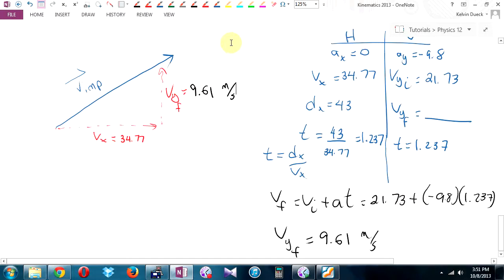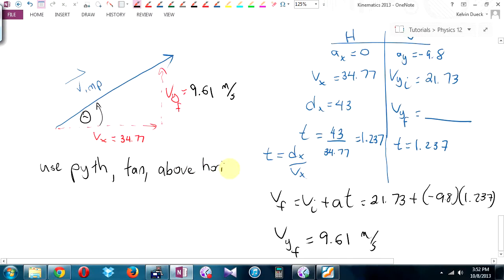Now, Ryan, can you tell me how I can find the magnitude of the impact velocity if I know that and that? You're not saying math 8 Pythagoras again, are you? Yes. And then it would be tangent. That was dumb. It would be tangent, and this would be above the horizontal instead of below the horizontal. Are you okay taking the rest of it the rest of the way yourself? So I'm just going to write here, use Pyth, tan, above the horizontal.